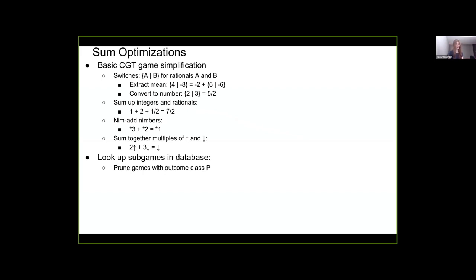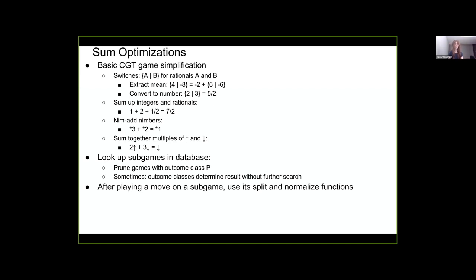We also look up subgames in the database to prune games with outcome class P. And sometimes the outcome classes can determine the search result. Additionally, after we play a move on a subgame, we use the split and normalize functions. And this increases transposition table hits.